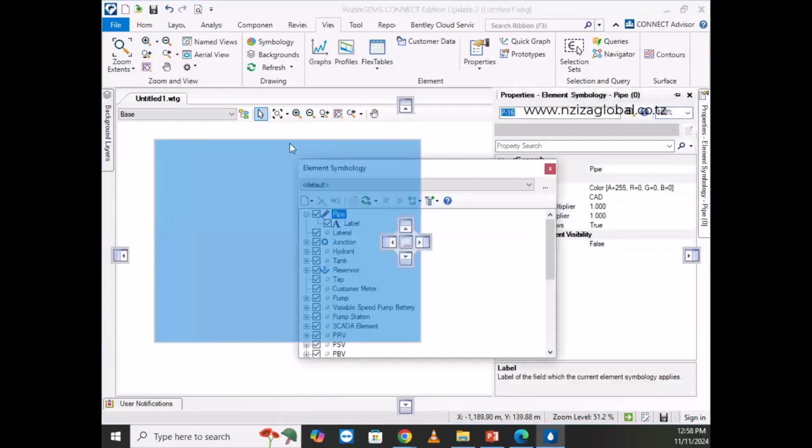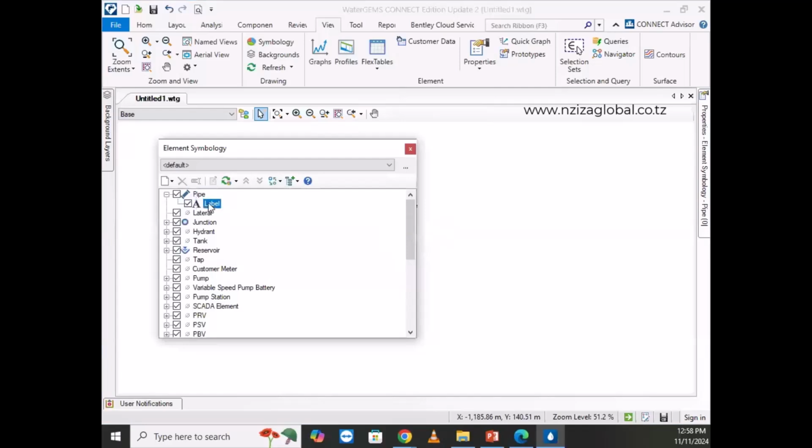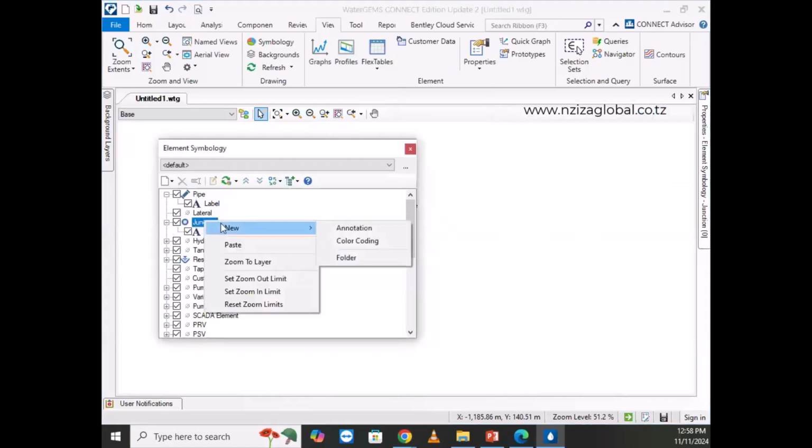In pipe, you may find labels, how to label your pipe. You may find junction. You can find how to label your junction or other annotation. There is color coding. We will see. But most of the time, symbology is color coding and how to label your infrastructures. Yes. This is found in symbology.